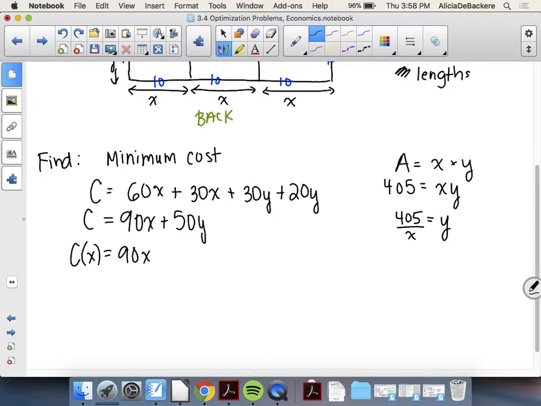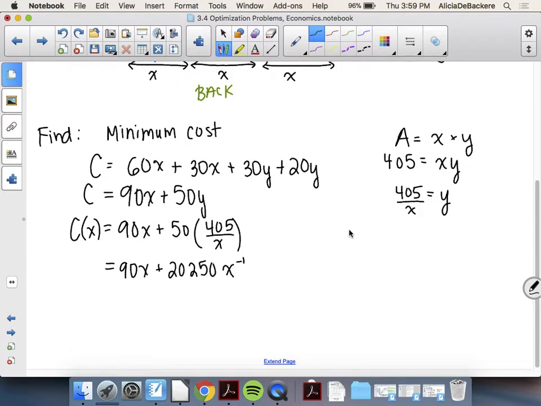So subbing that into my cost formula, that's 90x plus 50 times 405 over x, or simplifying that, 90x plus 20,250 over x. I'm just going to move the x to the top and give it a negative exponent, so it's a little bit easier for me to take the derivative.